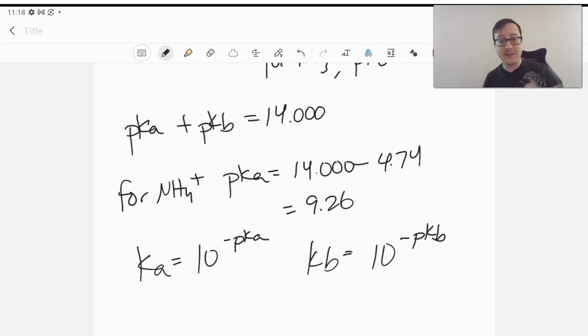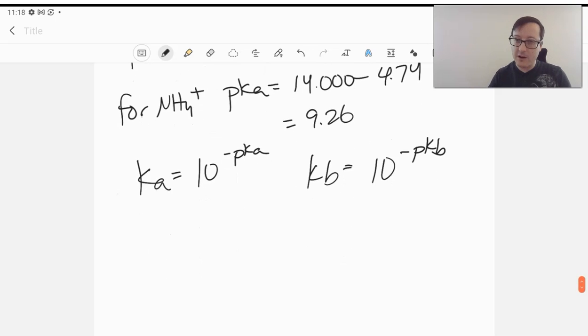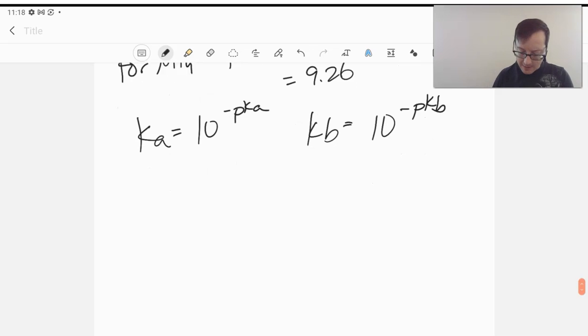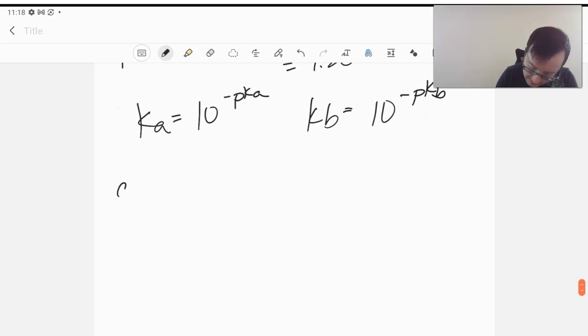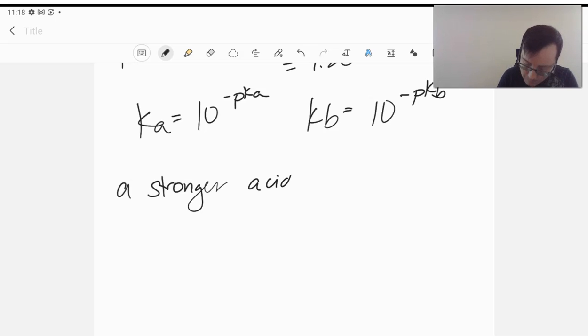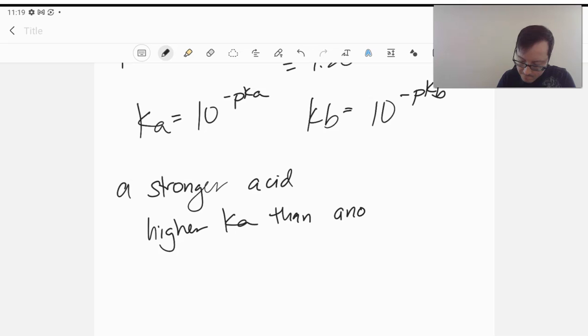Let's conclude this section by evaluating and comparing Kas and Kbs. A stronger acid will have a higher Ka than another, meaning if we're comparing two acids.